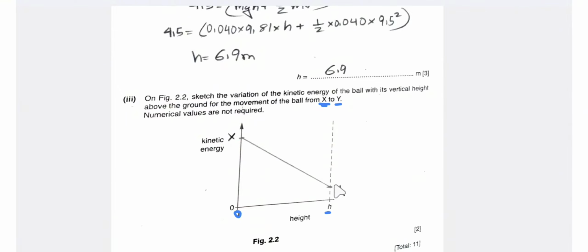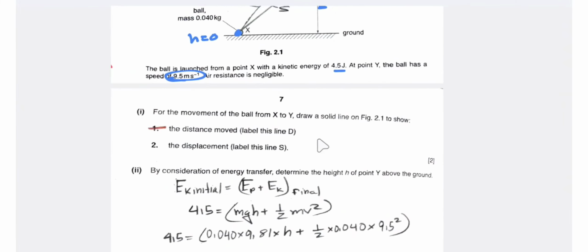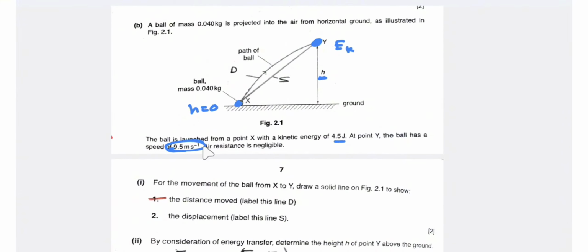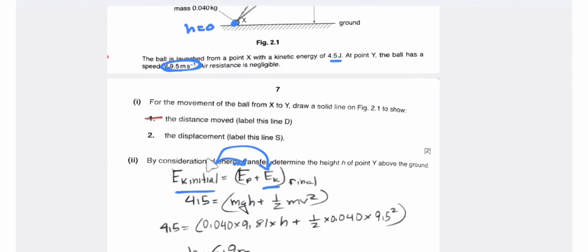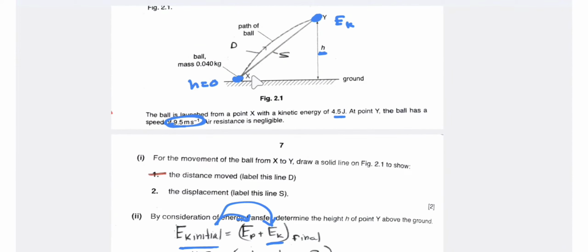Now what is the kinetic energy at point y? We know that at point y it has a speed of 9.5 meter per second, so it obviously has some kinetic energy. But since initially it has kinetic energy, and after this the kinetic energy is distributed to gravitational potential energy and kinetic energy, that means at point y it has less kinetic energy compared to the initial kinetic energy at point x.